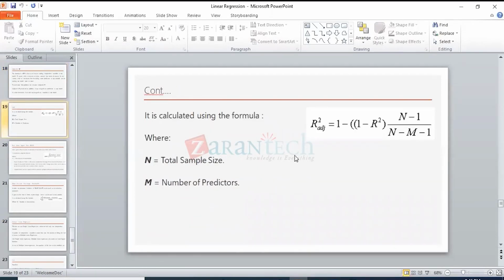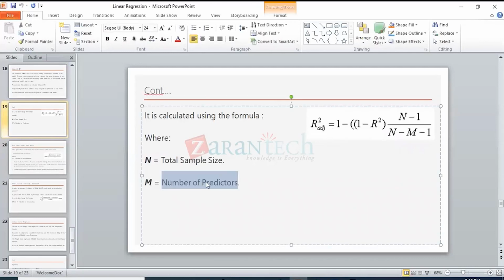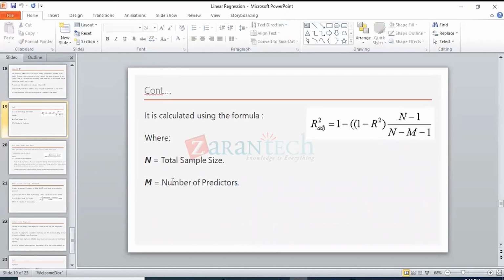So this is the modified version of adjusted R square. Again, it uses the R square as well, but it is actually taking the number of predictors into consideration. Previously it was only 6, but now there are 8. It will take that into consideration and calculate my adjusted R square.